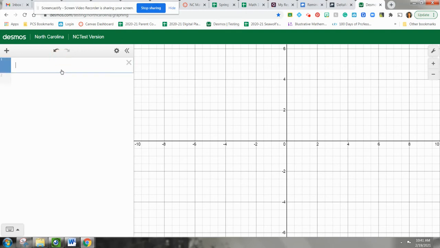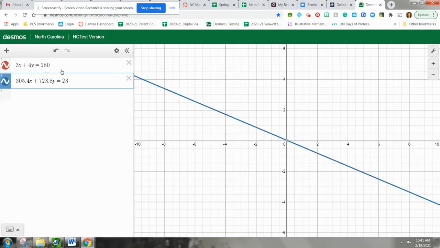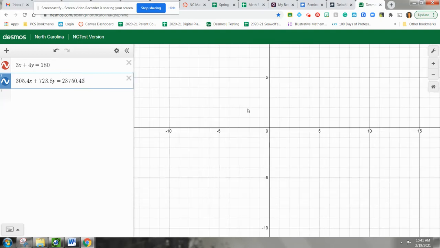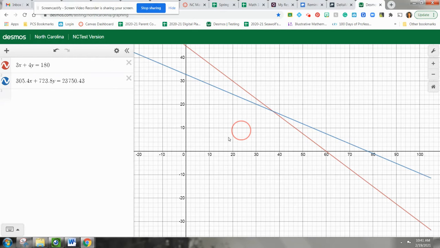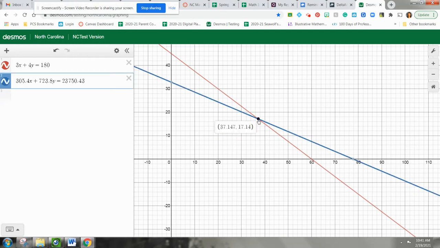we have 3x plus 4y equals 180. And then 305.4x plus 723.8y being equal to 23,750.43. I'm going to zoom out forever until I see my intersection.